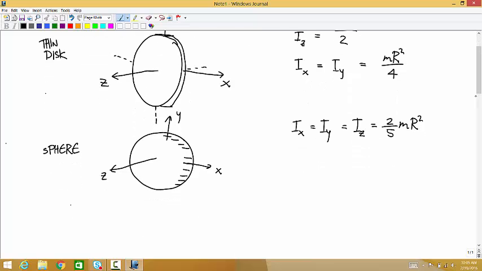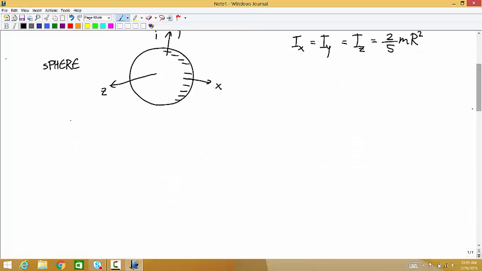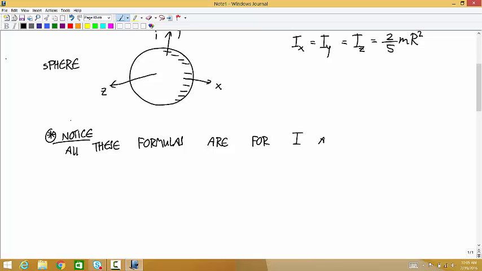All right, so notice that all these formulas are for moments of inertia about the center of mass.